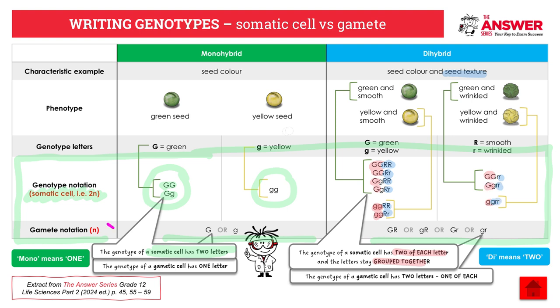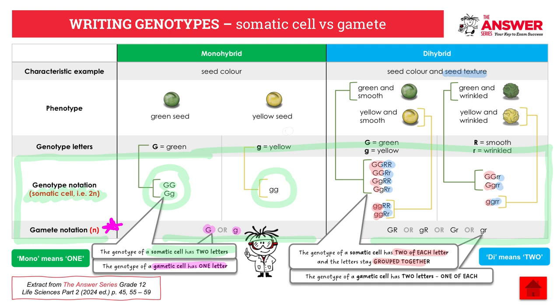When we look at the gamete notation, in a monohybrid cross, as there's only one characteristic involved, a sperm cell or an egg cell will only carry one example of that specific trait because it's receiving half of the genetic information. So only a big G or only a small g.